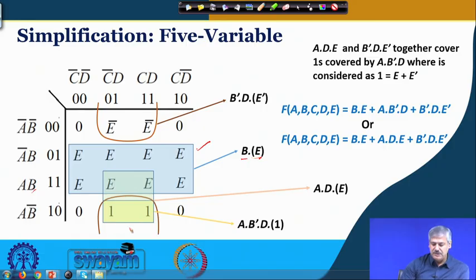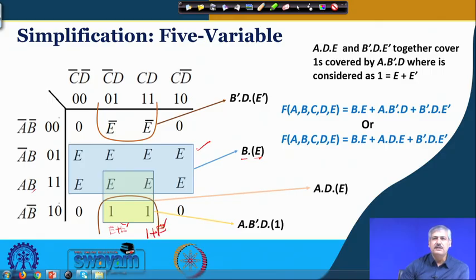So, this 1 1 can be considered as e plus e prime. So, with that one group can be formed, that is this 1 1 can be considered in this manner, right. So, that is one group, and this e prime will go there, that is another group. That is one possibility. Another is that it can be considered as 1 plus e prime, right.